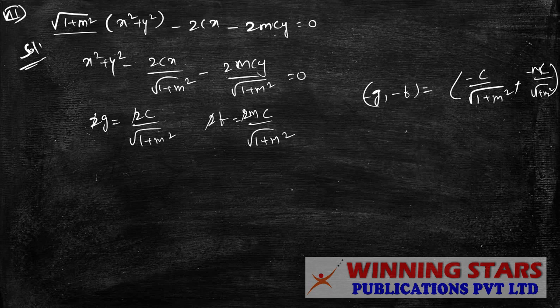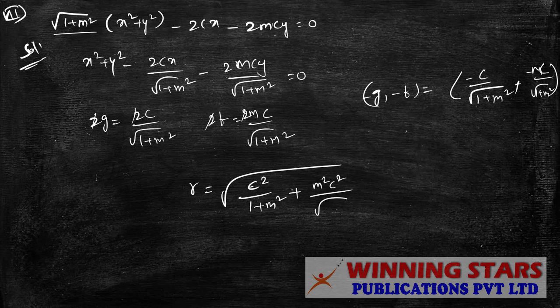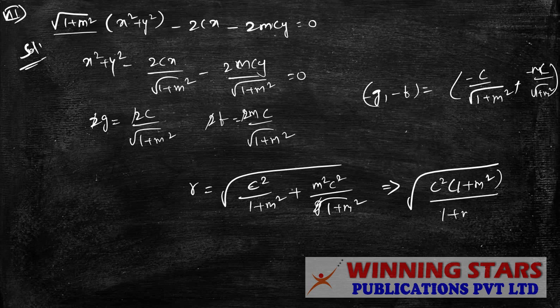So here one thing we have to find now. r is equal to under root of c square divided by 1 plus m square, plus m square c square divided by 1 plus m square. So from this, under root of, we can write it like this: c square into 1 plus m square divided by 1 plus m square. How can we write like this?